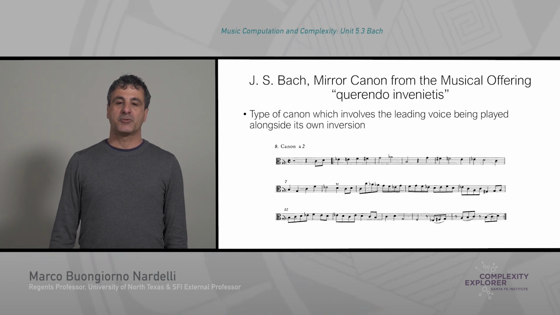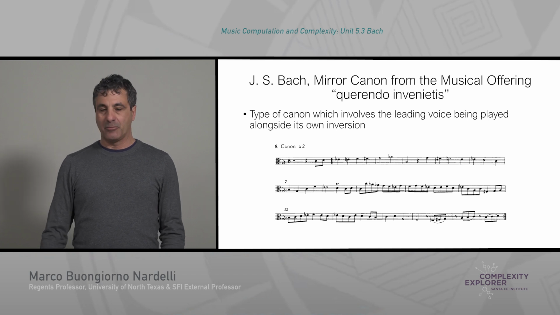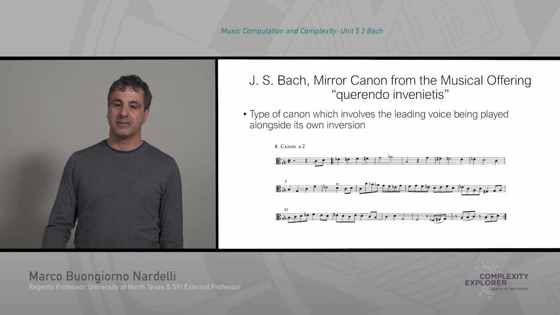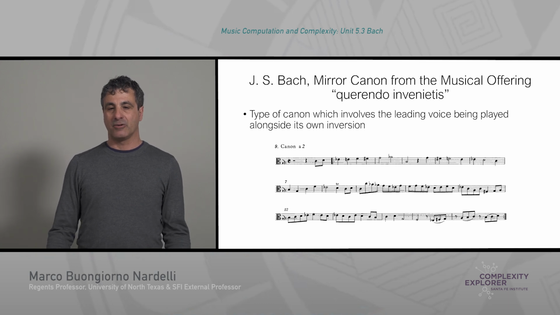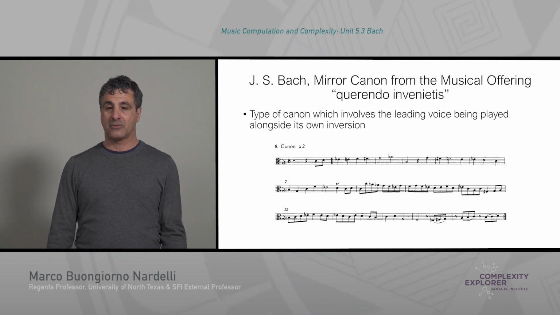But then the response, so the second performer, enters at a given point of the performance of the first line, but instead of repeating the same melodic content, he plays the same motif but inverted. So it's an equilibrium between the original line and the inverted line that are started at different times.